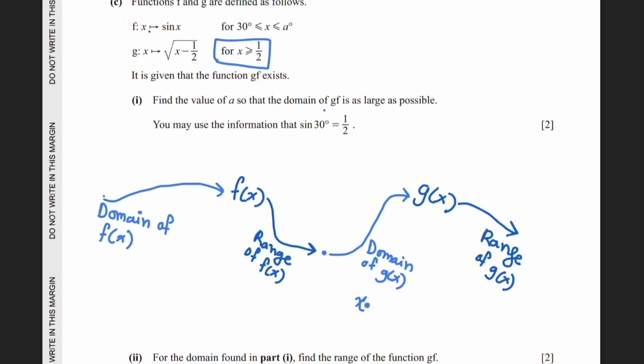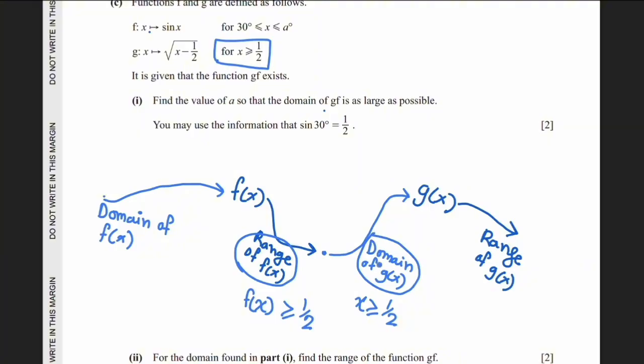So the range of f of x must always be greater than half. Because if the range of f of x is less than half, it will fall out of the domain of g of x, because it only accepts values which are greater than half.